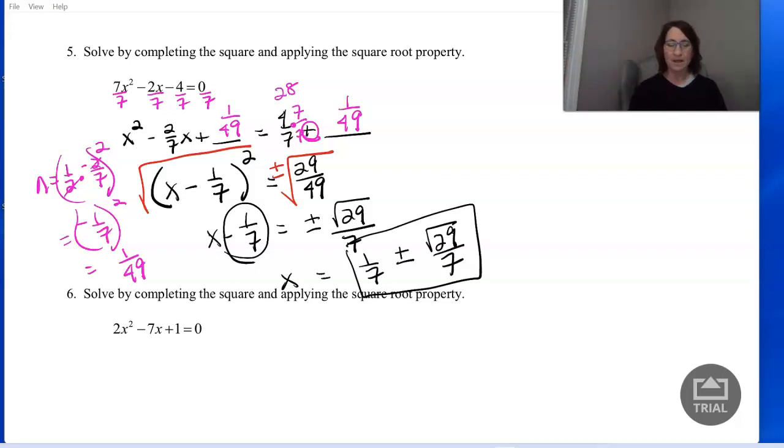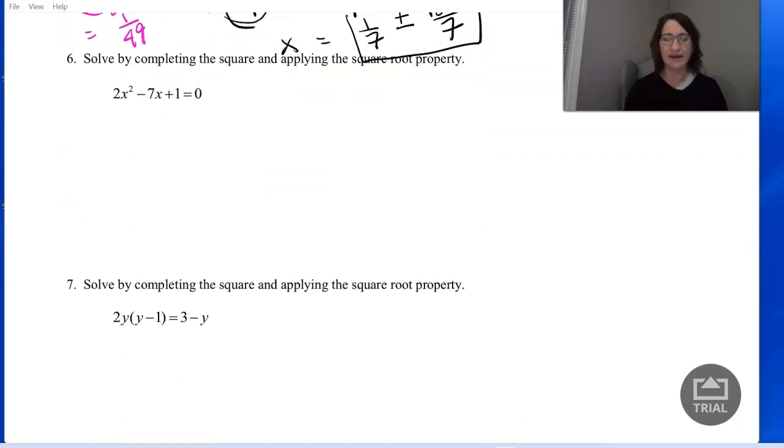Okay, let's go ahead and look at number 6. So again, I have something that's not a 1 as my leading coefficient. So I start by dividing everything by 2. Okay?